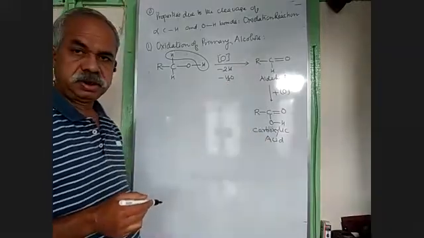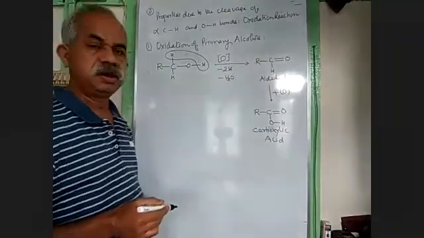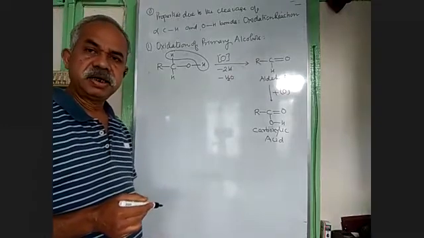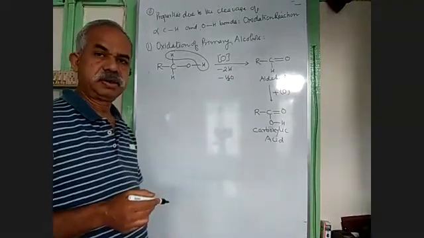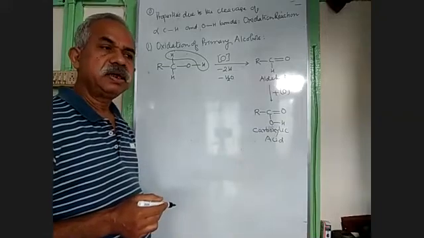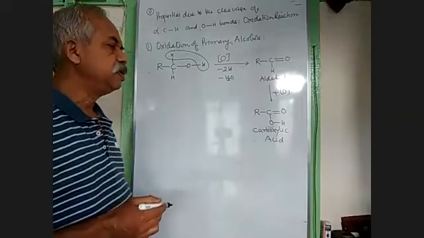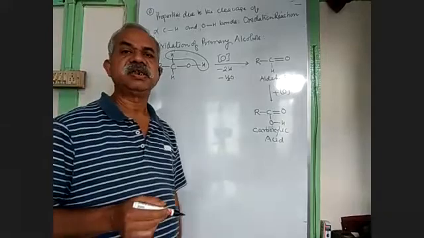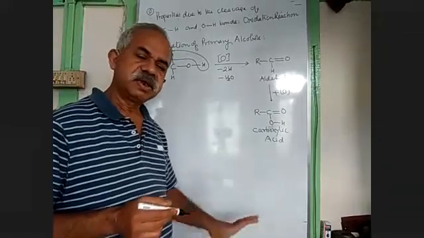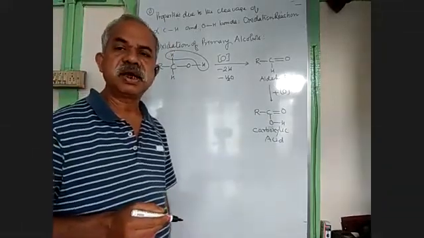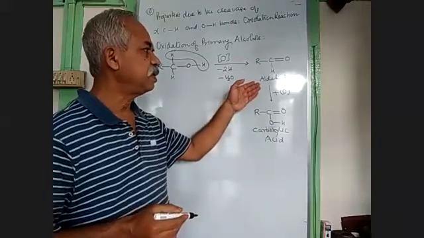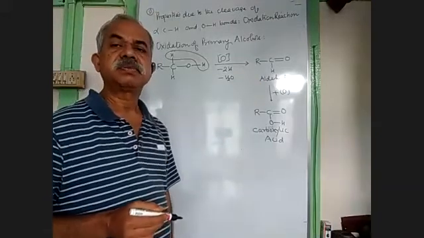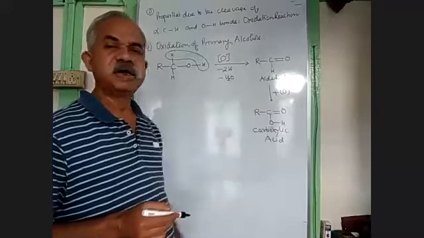Now, if you wish to stop this reaction at aldehyde, you can do it. How can you do this? In that case, we need not take a very strong oxidizing agent. Some chromium 6 oxidizing agents are there. In that case, you find this reaction can be stopped at the aldehyde level.